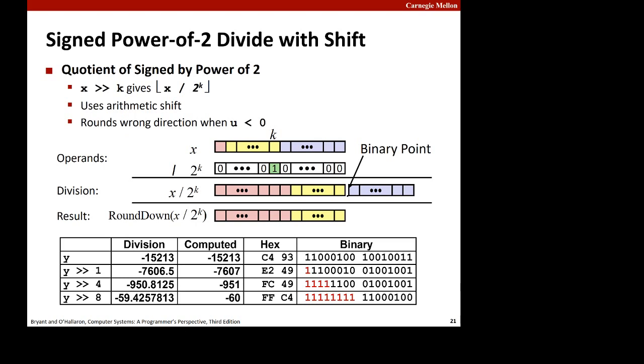I'm rounding it to a more negative number, which in this case was minus 7607. Similarly, you see this minus 950.8125 is rounded to minus 951 if I just do the shift on its own. So it's not quite right. It's off by 1, basically, for all these negative cases. I want to round to 0, so I want to round positive numbers down and negative numbers up.